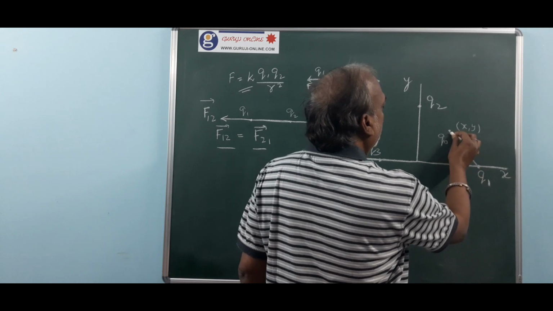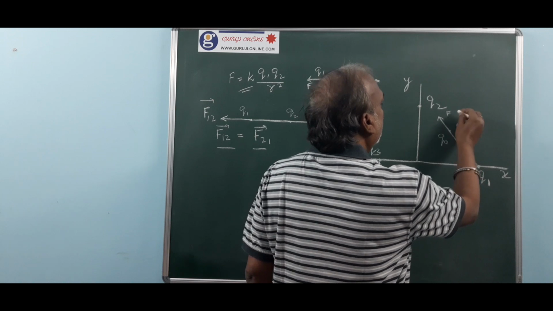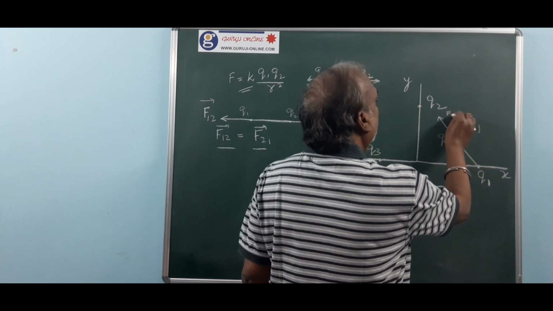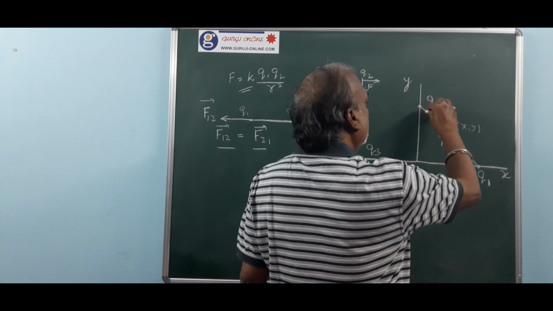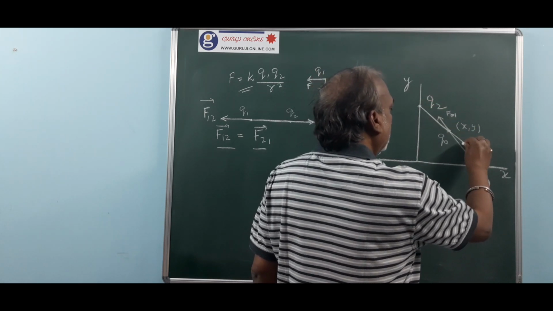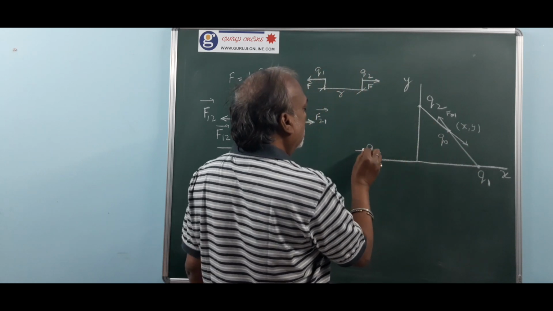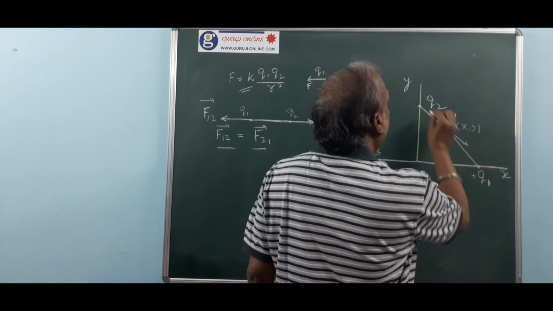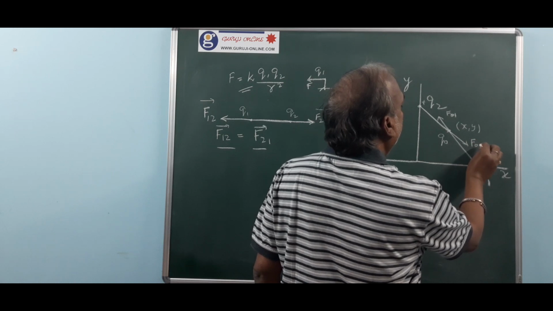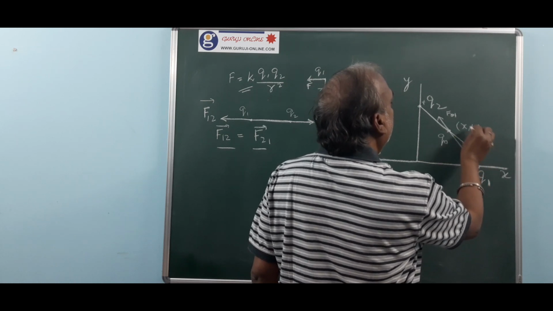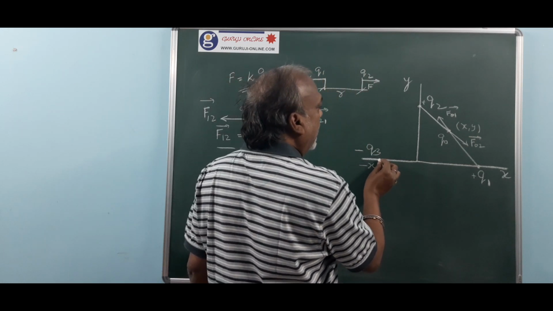So you know, for this Q1, the force will be like this. By this Q0, it will be like this. Suppose these are similar charges. Suppose, let us see, this is minus, this is plus, this is plus. So these directions are okay. This will be F02. And what about this? This will have attraction.